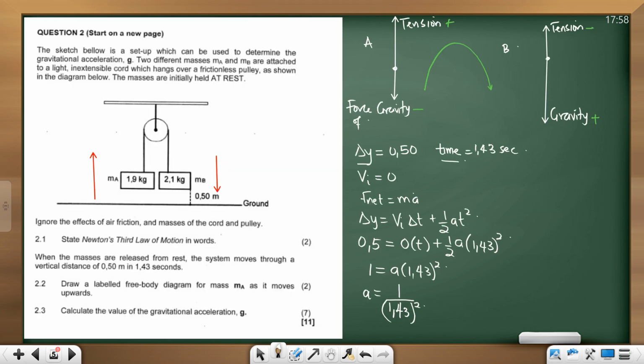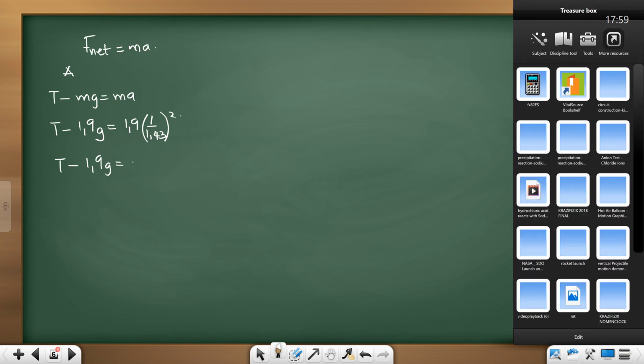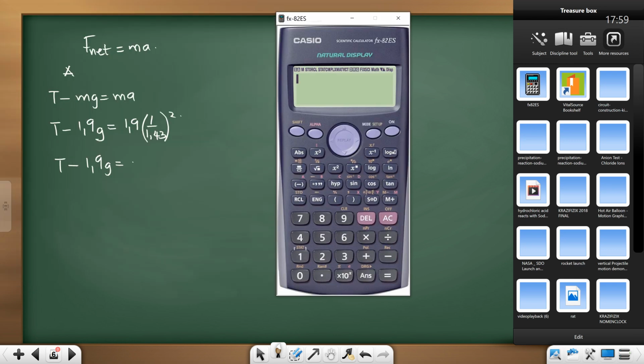Remember, 1 over 1,43. Trying not to round off so we get something perfect. We have two unknowns, T and G. But I'm sure we can give me the value on the right hand side. Let me get a calculator to make it fast. There we go.